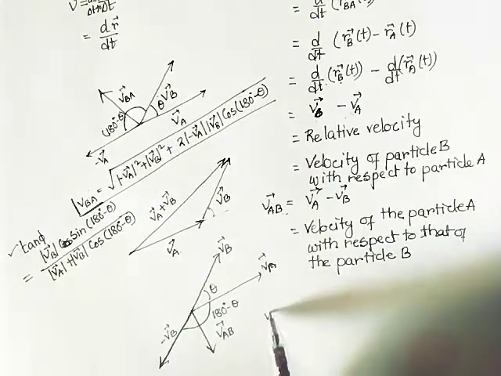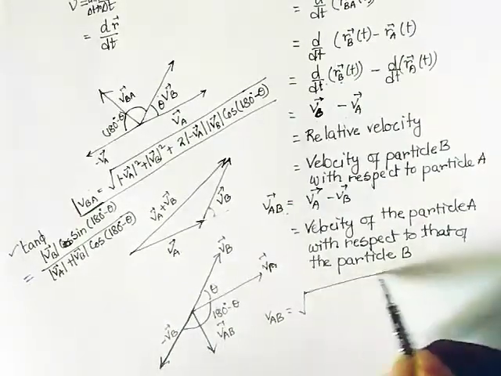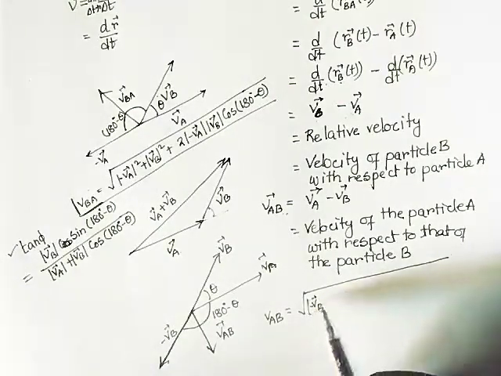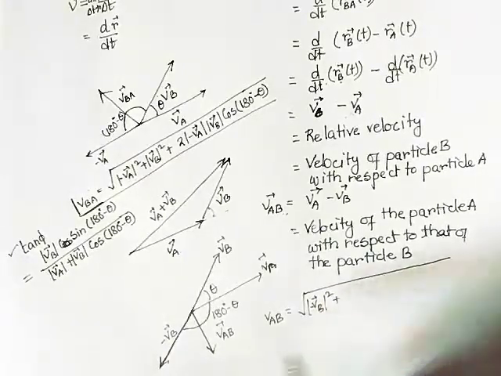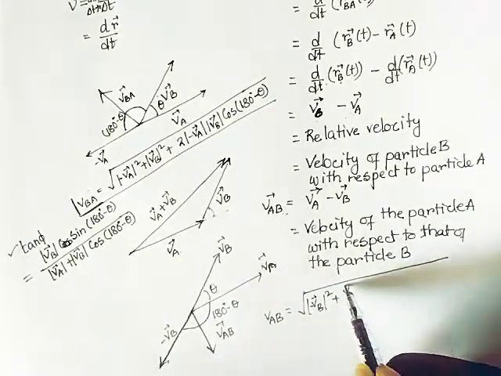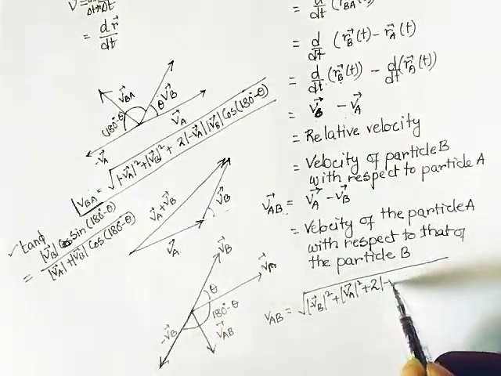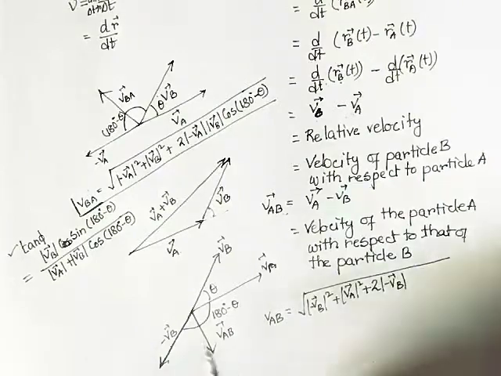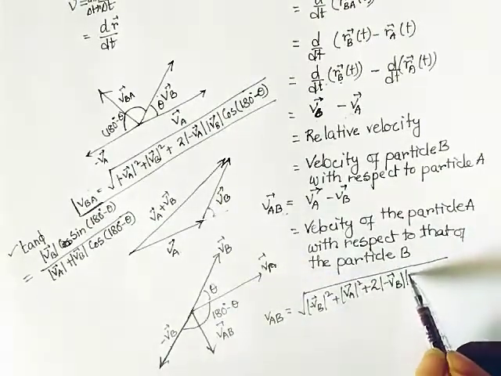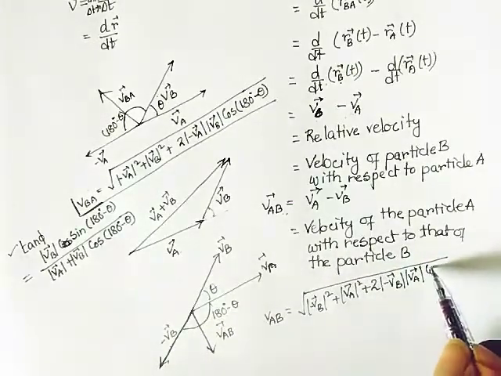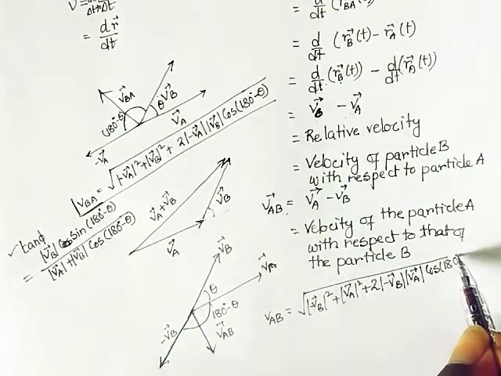So if I want to calculate the value of VAB, it becomes the square root of minus VB square plus VA square plus 2 into magnitude of minus VB into magnitude of VA into cos of 180 degrees minus theta.